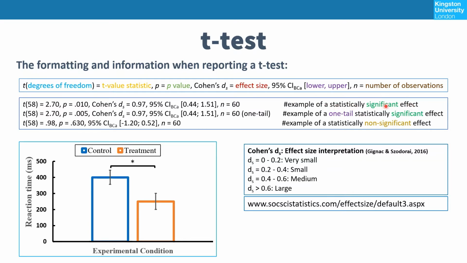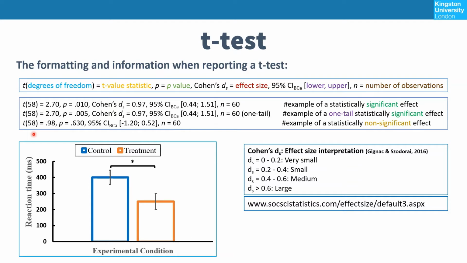As a few examples, your output can either be in terms of you finding a statistically significant effect. So again, statistically significant, not just significant. That might be misconstrued. You may also report a one-tail test. So again, this is just the same as a two-tail test, the difference being that you would cut the p-value for it and you would need to mention it so people understand that is what you did.